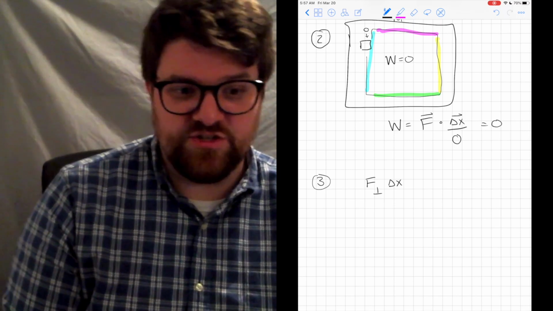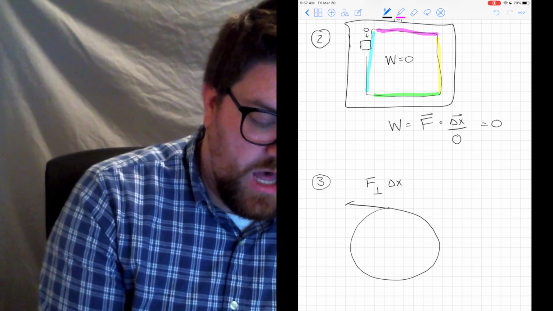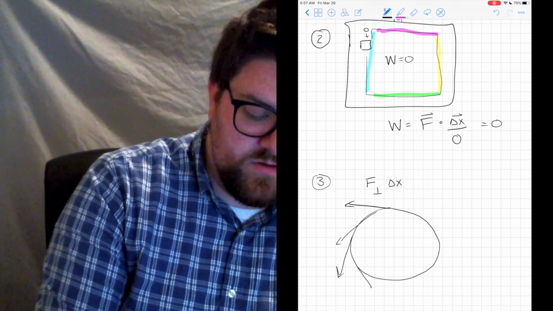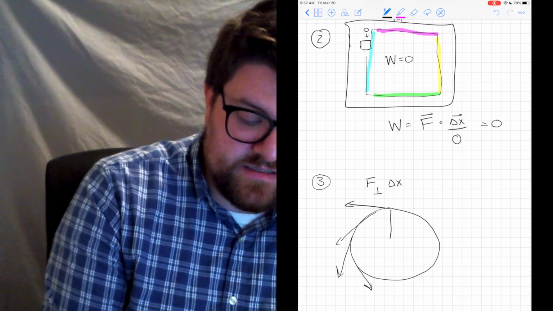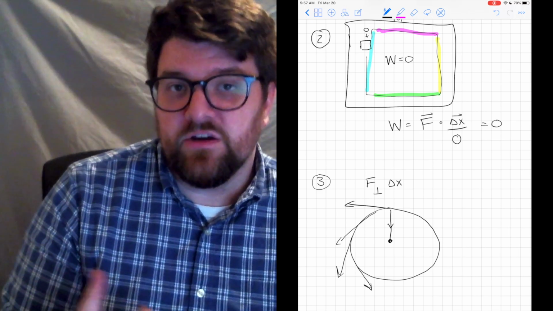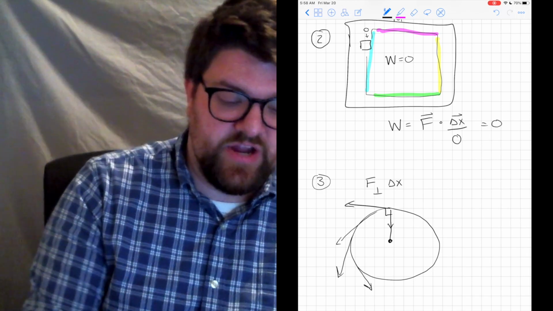If I'm thinking about going around in a circle, I am always going to be moving tangent to this circle, instantaneously at least, right? And I always need to have a force moving radially inward. So I'm going to always set up these perpendicular angles.